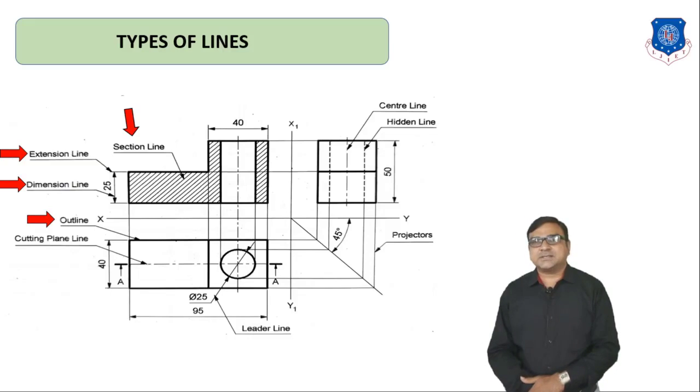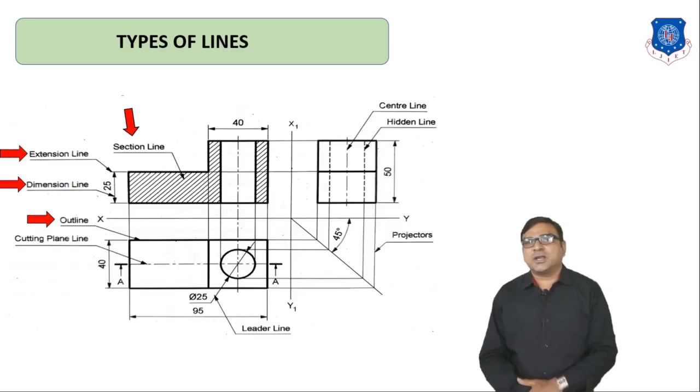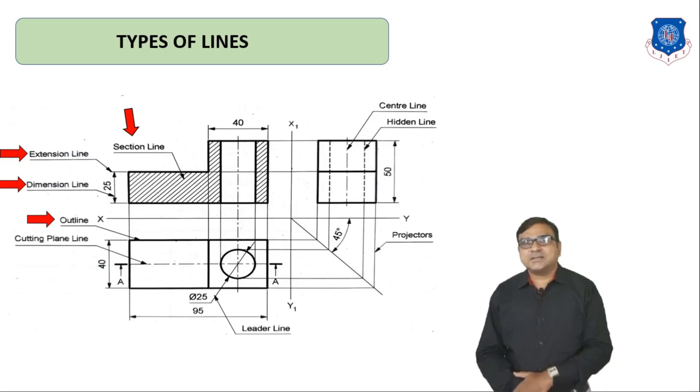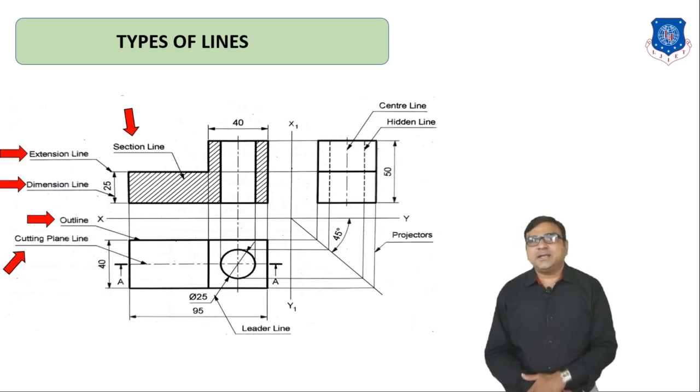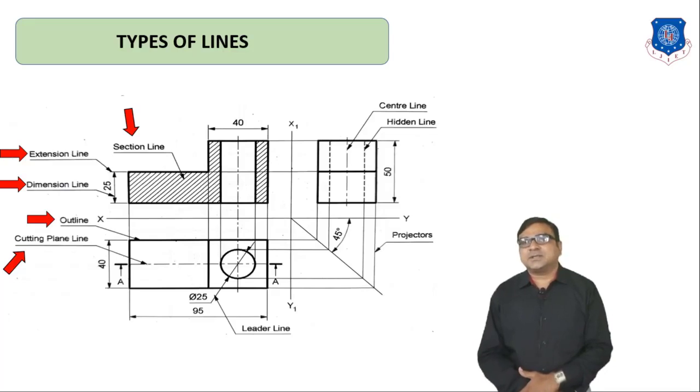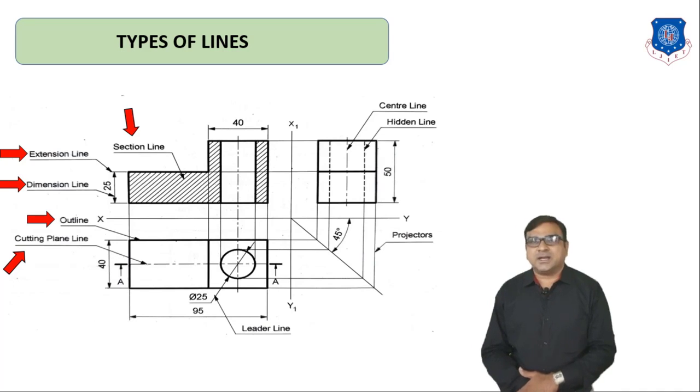Outlines of the object. So in our drawing, most of the lines are outlines. Then cutting plane lines, which represent the top view of the cutting plane, and this line must be thin with thick ends.